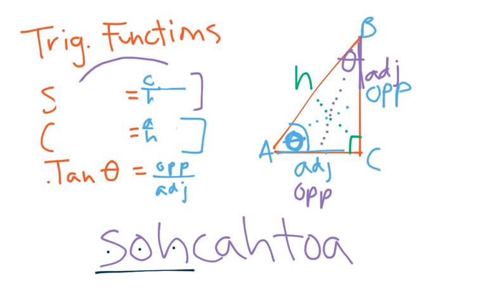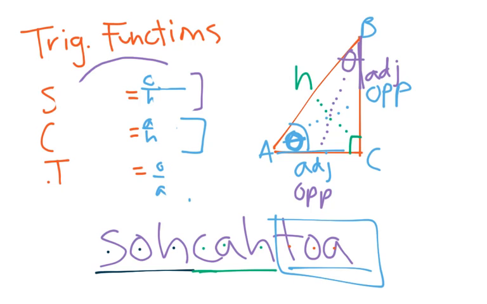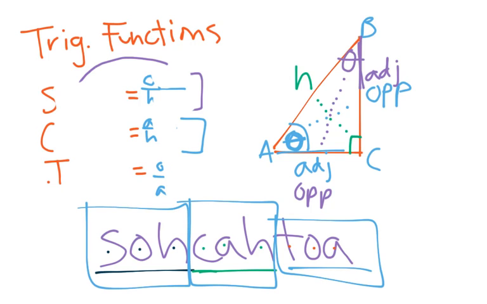It's the C and the A and the H. So we get the cosine equals the adjacent over the hypotenuse. And lastly, the TOA, the tangent equals the opposite over the adjacent. So T, O, and A. Okay? So we get SOHCAHTOA. Kind of a shortcut way to remind us of those three different equations that we get.